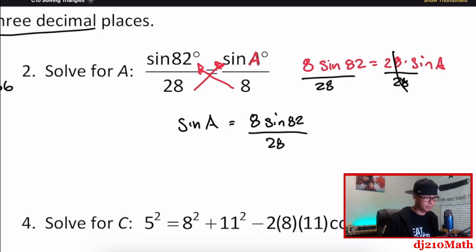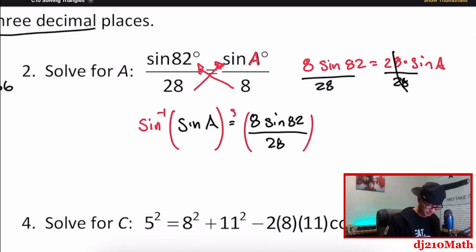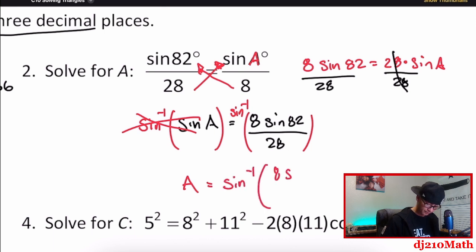Now, I want to undo the sine because we want to get to the A. In the same way that we divided both sides by 28 to undo multiplication, the way we undo trig is by using inverse trig. So sine to the little -1, as they call it. On the left hand side, the sines are going to cancel each other out. So we're left with A, which is equal to sine inverse of 8 sine 82 over 28.